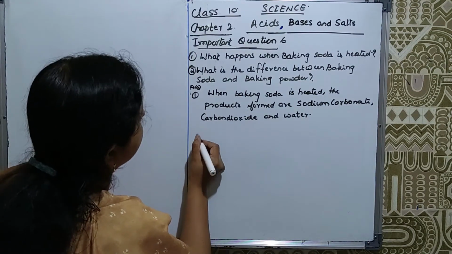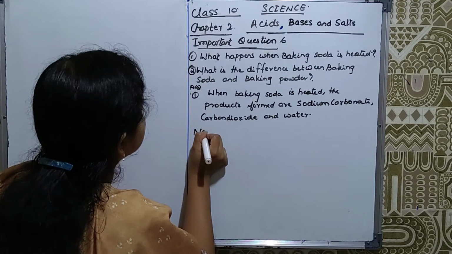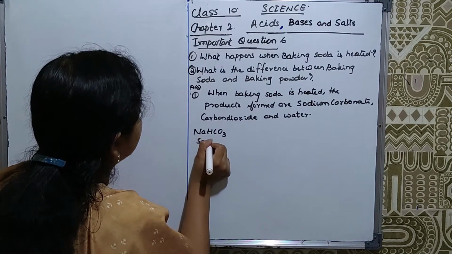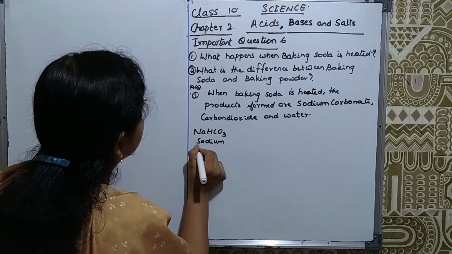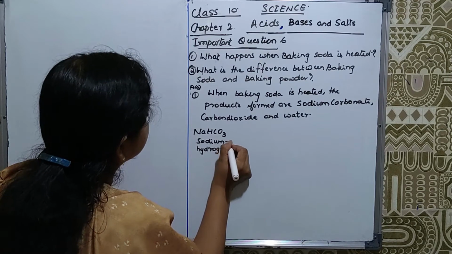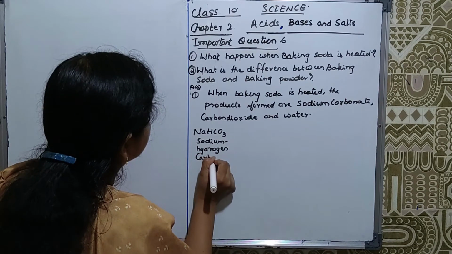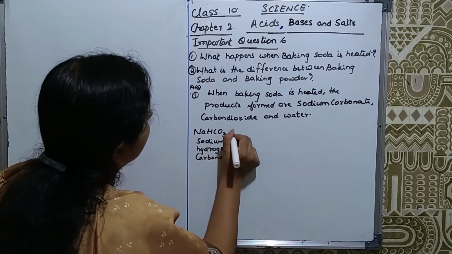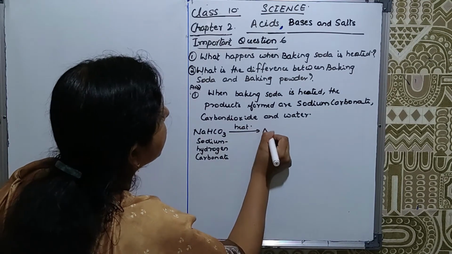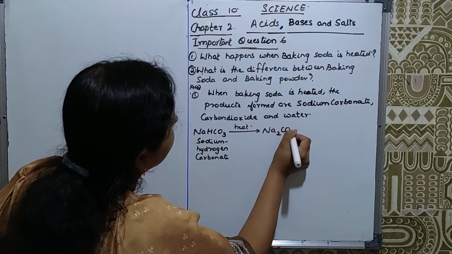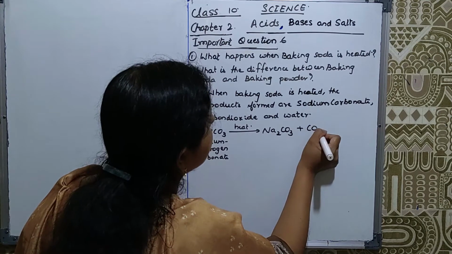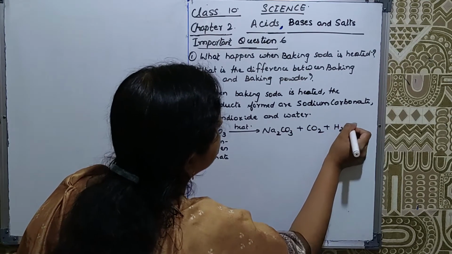Baking soda is sodium hydrogen carbonate, so NaHCO3, sodium hydrogen carbonate, on heating will give sodium carbonate plus carbon dioxide plus water.